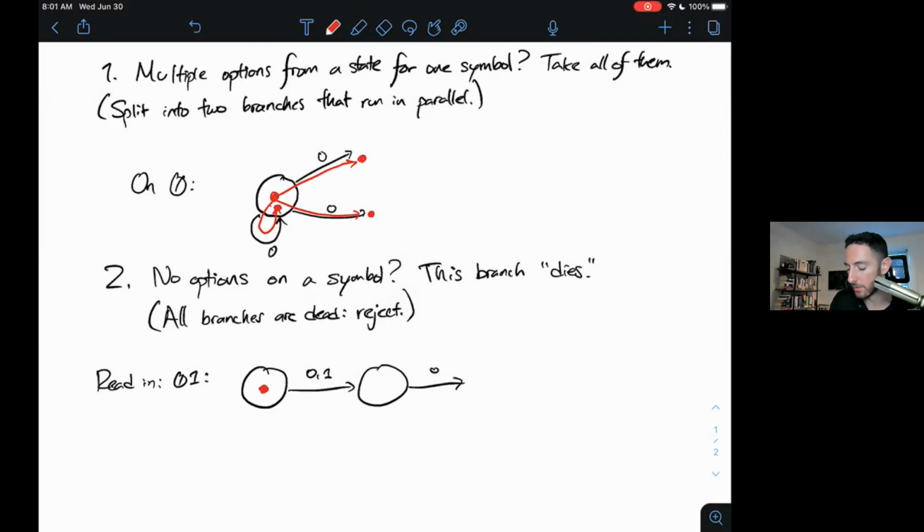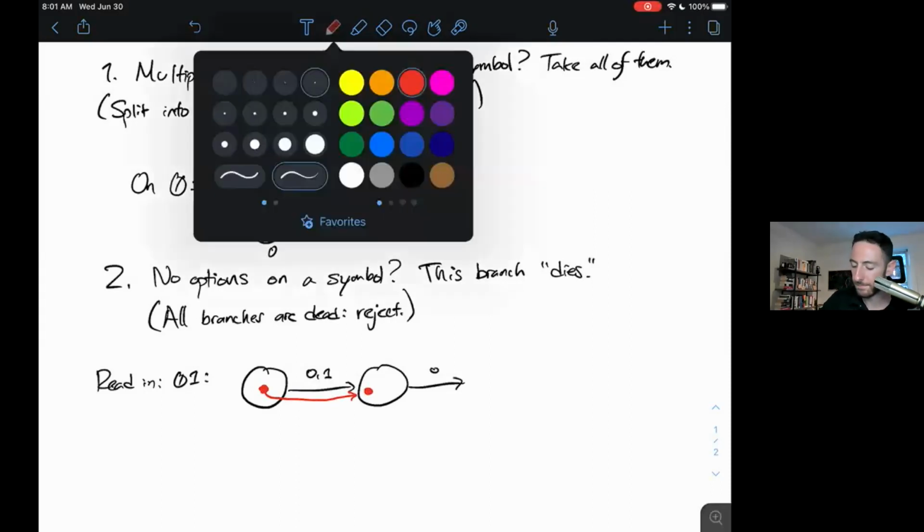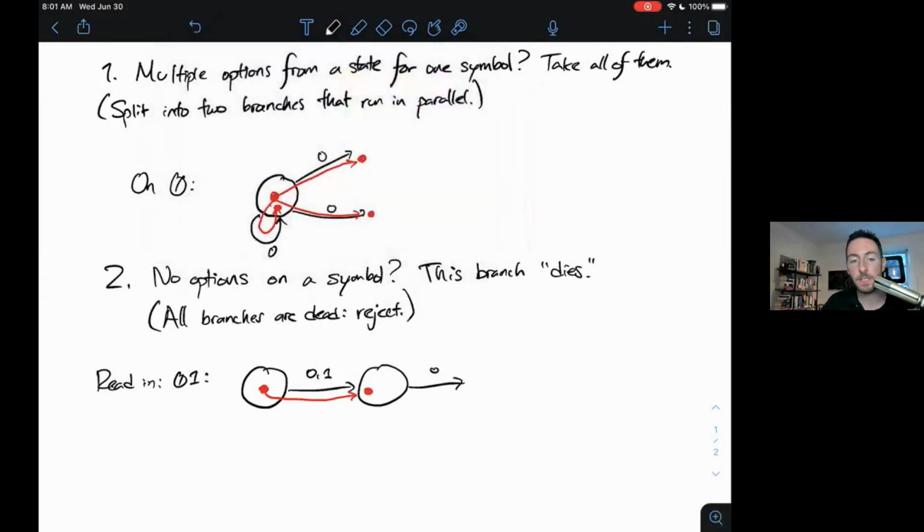I have a 0 edge and only one 0 edge. So I take it, walk over here, and then I read in a 1. When I read in a 1, I have no place to go. So this particular branch dies. And if it's the only branch of computation I had left, if it was the only one I was keeping track of, when I read in that 1, then my computation just rejects. So I forget about it, I stop tracking it.